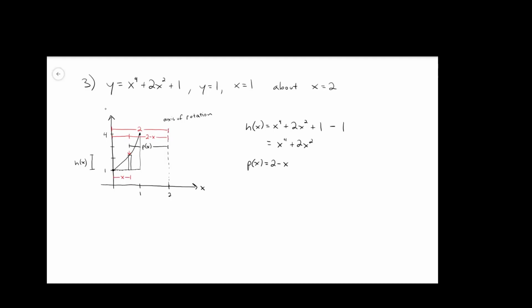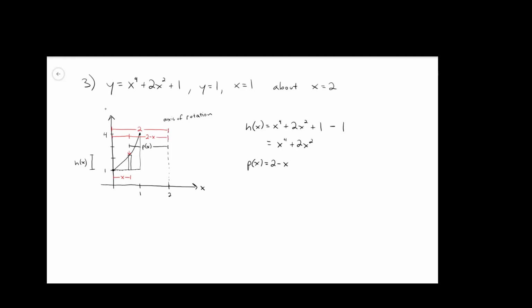Is this clear? How we found p of x? Basically, a quicker way to do this is just to say the axis of revolution was not the y-axis, so whatever it is, it's going to be that number minus x, provided, of course, that the region that we're talking about is to the left of that axis. If it happened to be to the right, then it would be x minus 2. Anyway, so there we go. We've identified both of these.